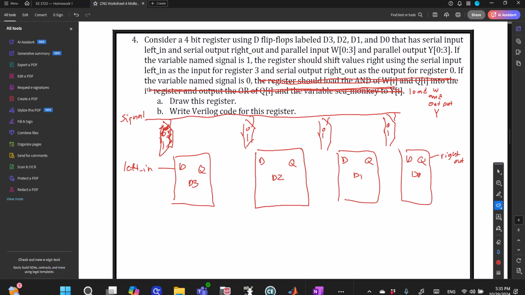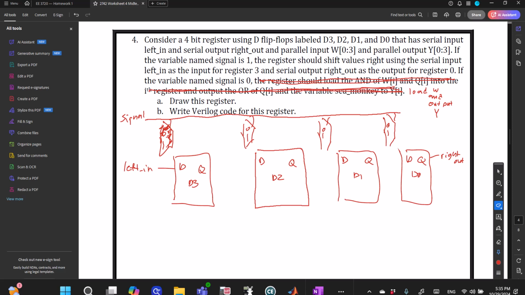Okay, so if the variable named signal is 1, the register should shift values right using the serial input left in as the input for register 3. So that also tells you, and serial output right as the output for register 0. Yeah.